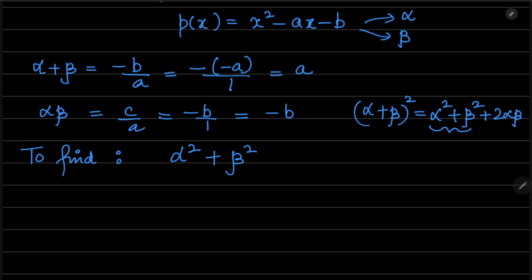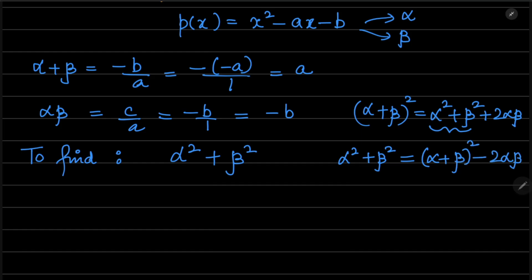So what will be the value of alpha square plus beta square? This value will be equal to alpha plus beta the whole square minus 2 alpha beta.